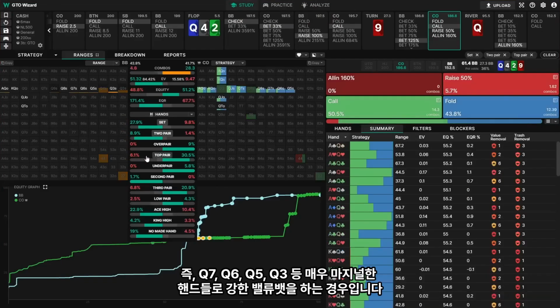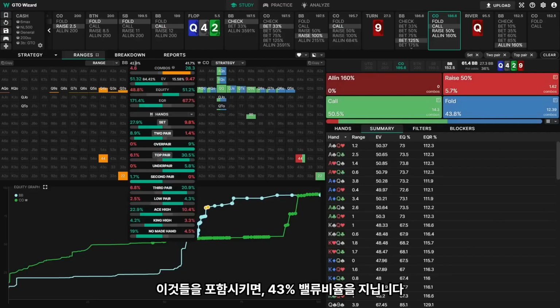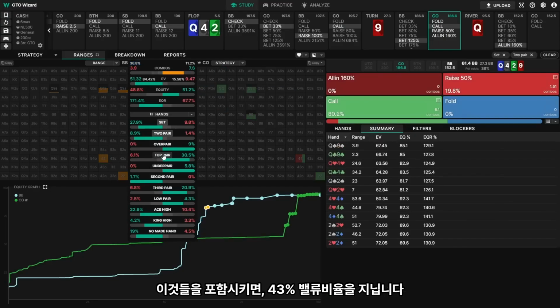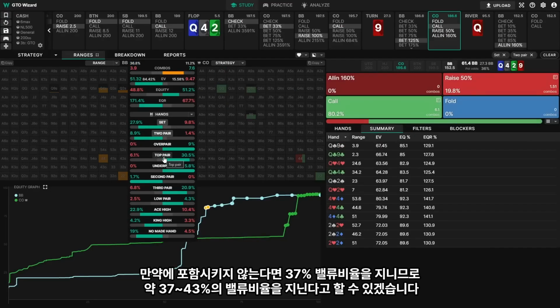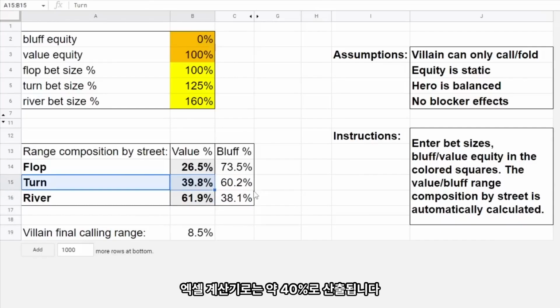If we include these, we have queen 7, queen 6, queen 5, queen 3, some very marginal top pair weak kicker hands as a merged bet, then we'd have 43% value bets. And if you don't include some of those, then it's closer to 37% value bets. So somewhere between 37 and 43. And if we go over here, we expect in an idealized toy game about 40% value.